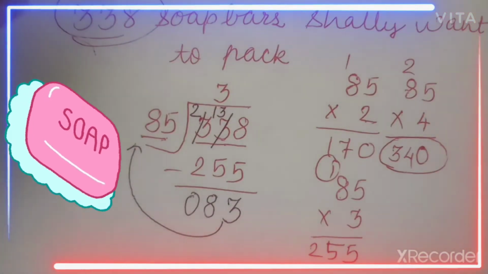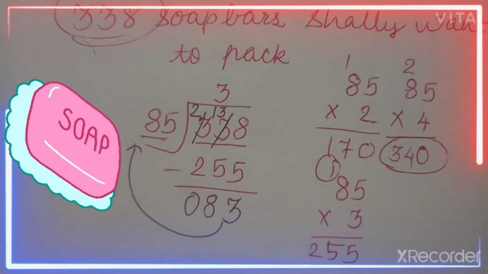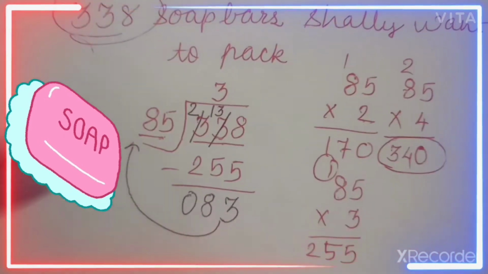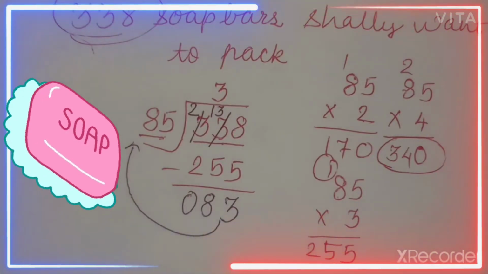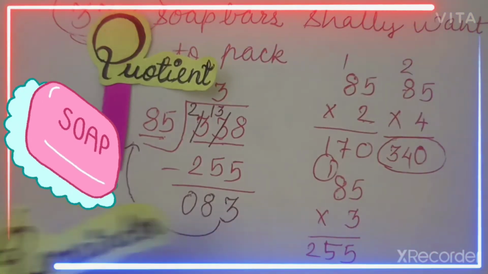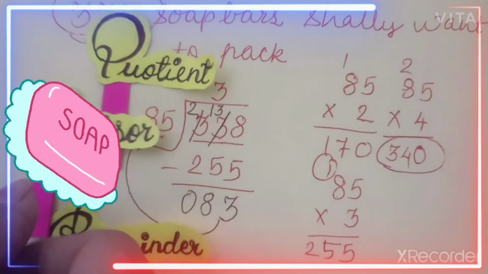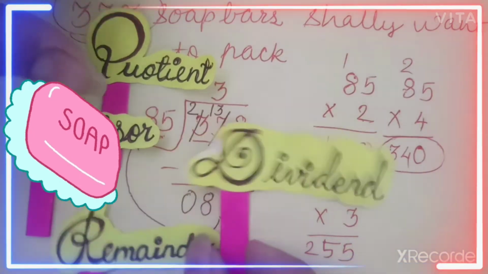It is possible, but when you will be in 5th standard, then you will know the continuous method. So your question is 3 and remainder is 83. Your divisor is 85 and your dividend is 338.